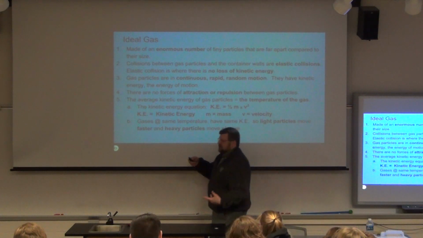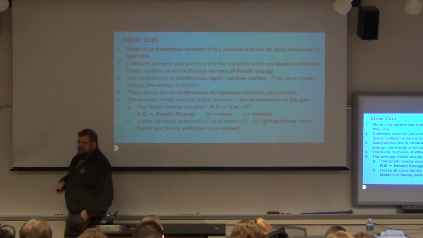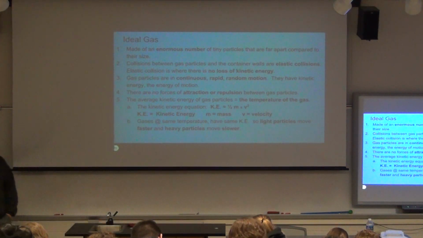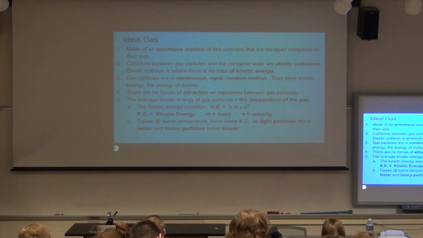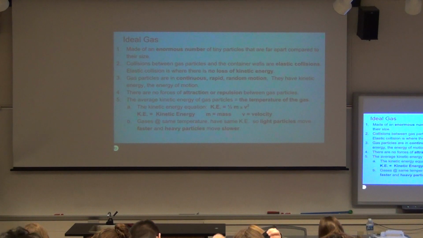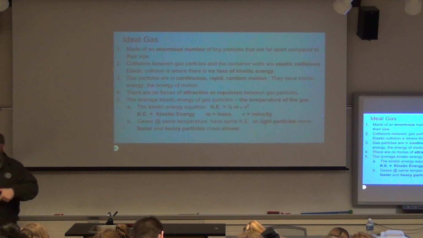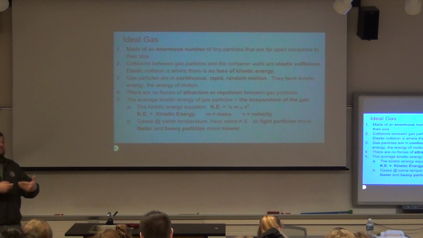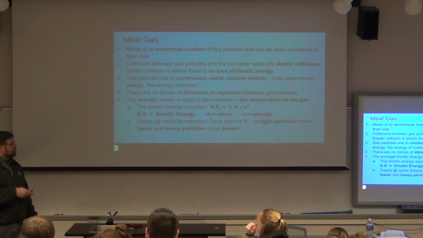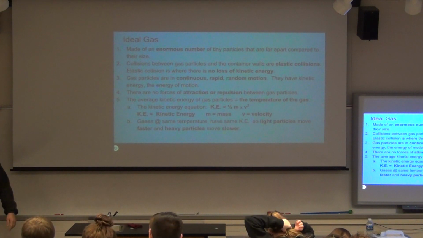Bigger molecules are not going to be going as fast. So light particles move faster, heavier particles move slower, if they're at the same temperature. That's also an important part there, at the same temperature.